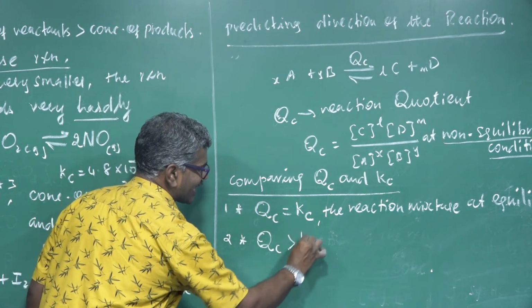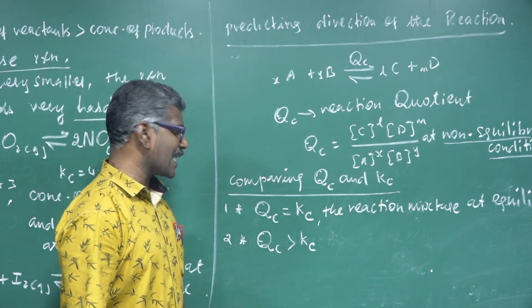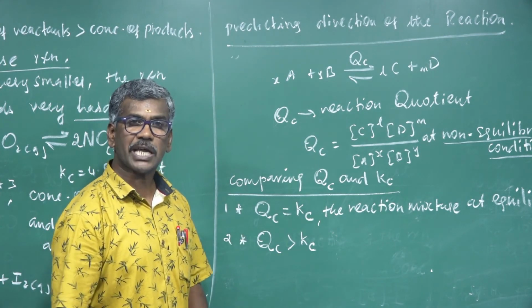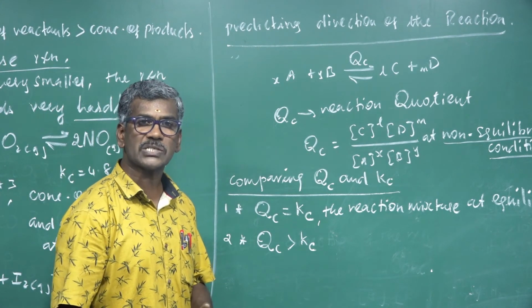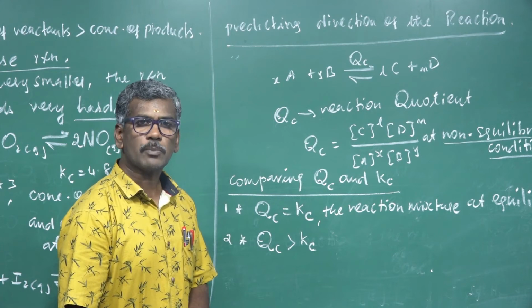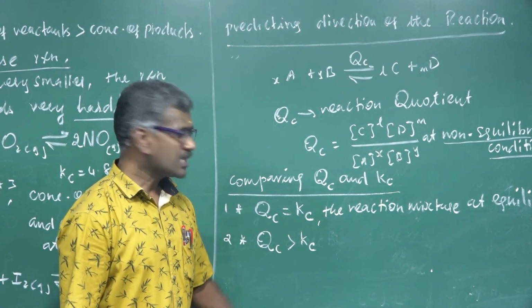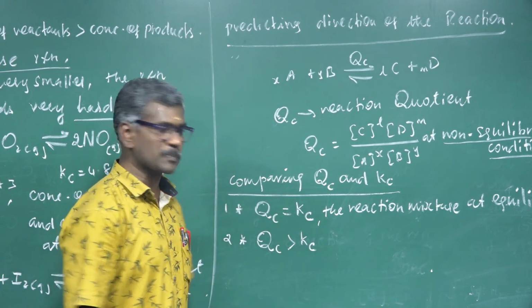Point number 2: Qc greater than Kc. Here, Qc greater than Kc means the concentration of the reactant is more than the concentration of the product. The reaction will have more tendency to proceed toward the reactant side. This is the reverse reaction.